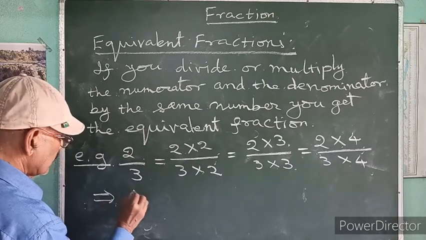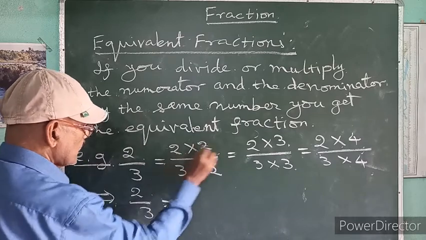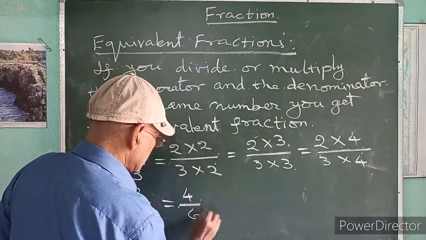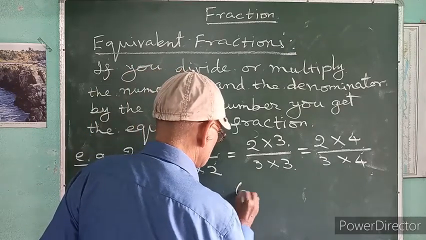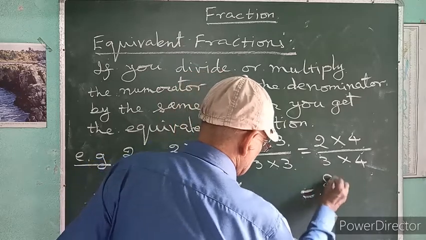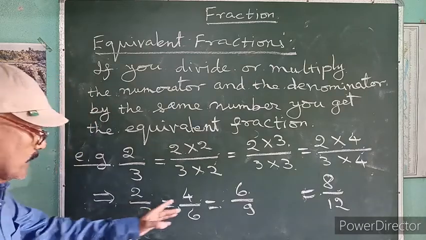That is, you are getting 2 by 3 equal to 4 by 6 and 6 by 9 and 8 by 12. So these are called the equivalent fractions.